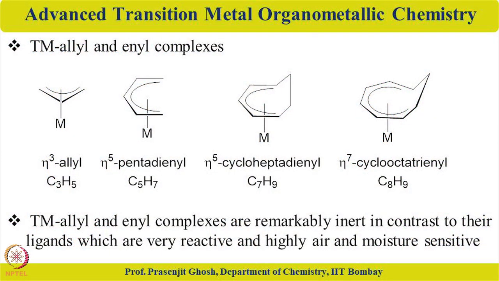Now, having seen the structure of these ligands with respect to their electron donation, let us see how these ligands bind to transition metals. So, these transition metal allyl and enyl complexes can be shown as follows.